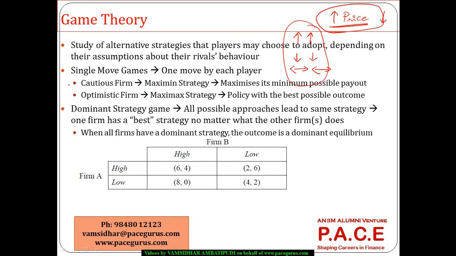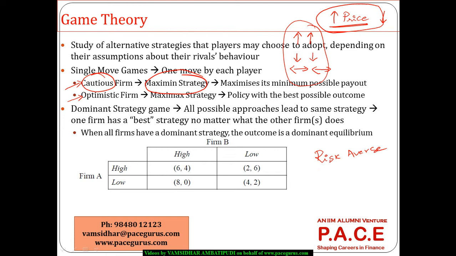And traditionally, there are two kinds of approaches to addressing it. One, if the firm is very risk averse, more and more cautious, the strategy it will follow is called a Maxi Min Strategy.